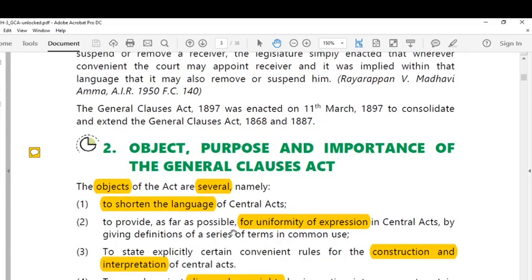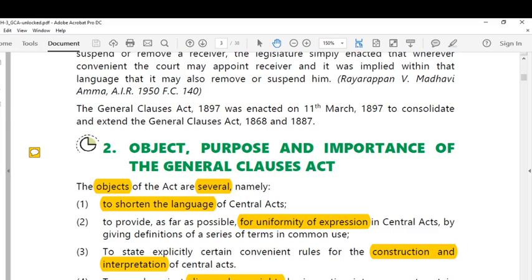Right, let us see. The objects of the act are several. There are many objects behind making the General Clauses Act. The first one is to shorten the language of central acts.